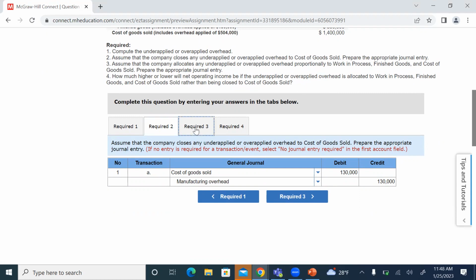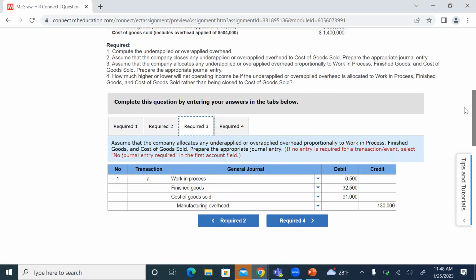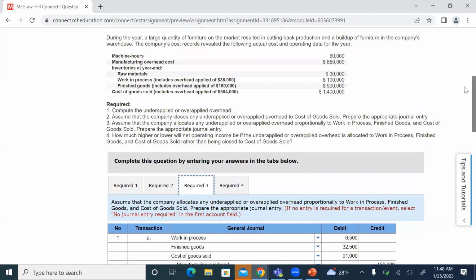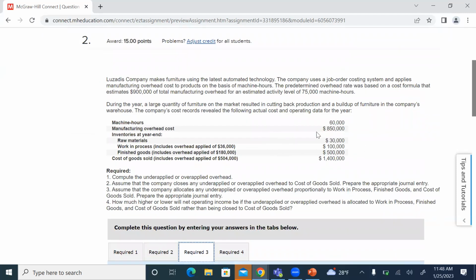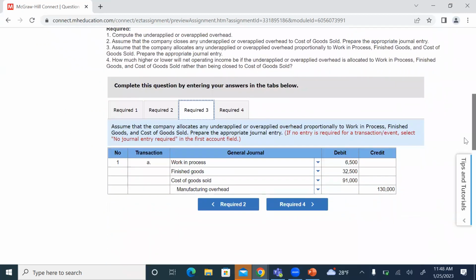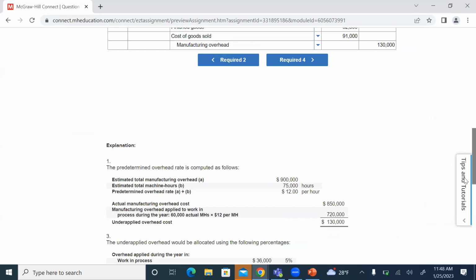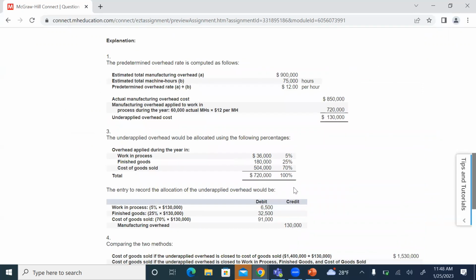Now in number 3, instead of just putting it all into cost of goods sold, they want us to divvy it up. They gave us our ending balances here: our ending raw materials, work in process, and finished goods, along with cost of goods sold. So in order to divvy it up, what we'll do here is figure out an allocation based on our work in process, our finished goods, our cost of goods sold, make a total, and then allocate it, prorate it, just like the example we did in the PowerPoint.